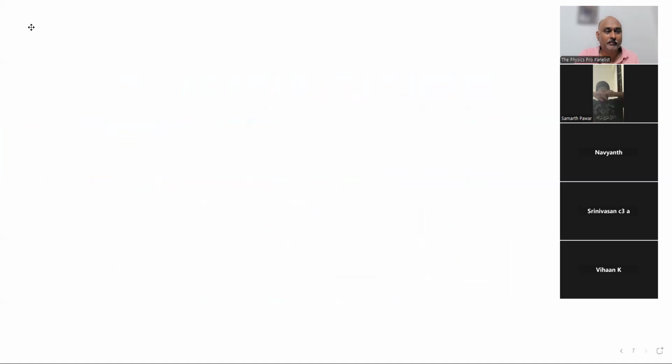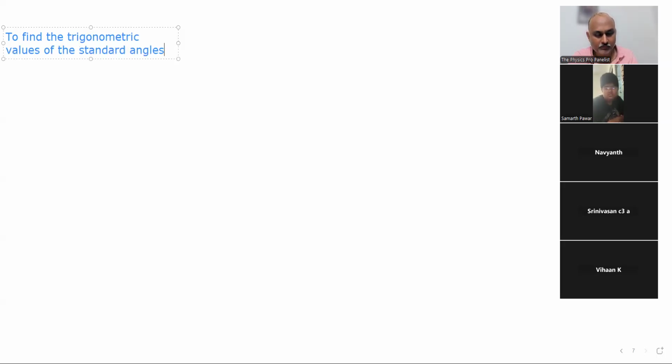So the last thing which I am teaching you today is to find the trigonometric values of the standard angles of the second, third, and fourth quadrant.